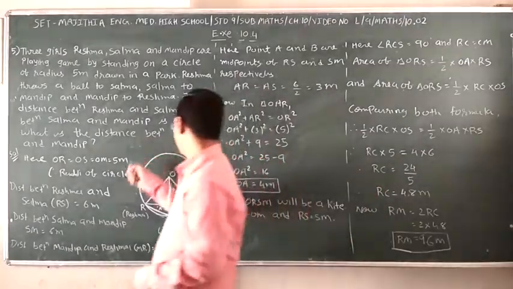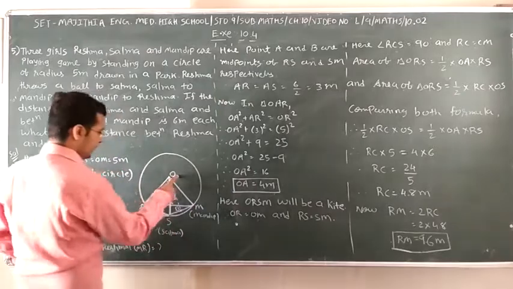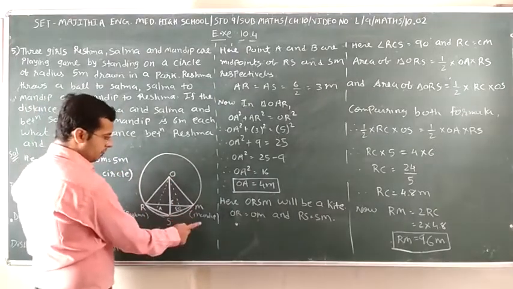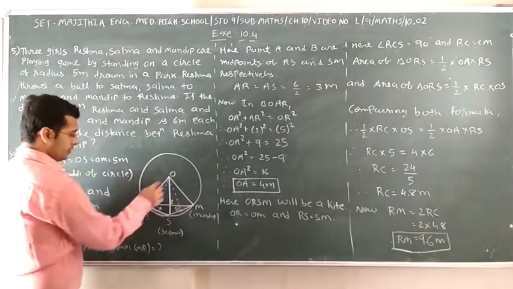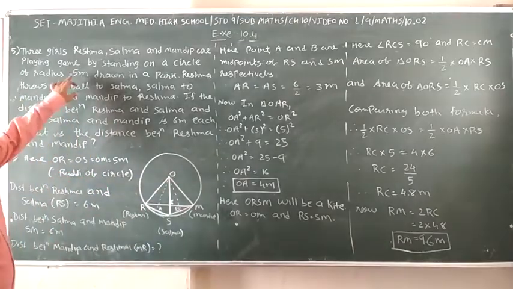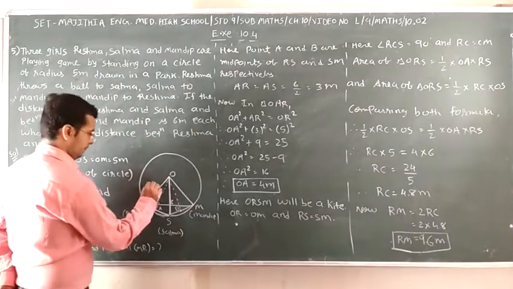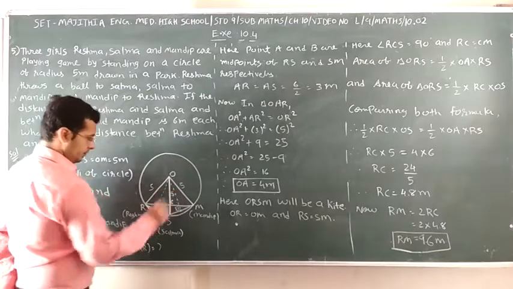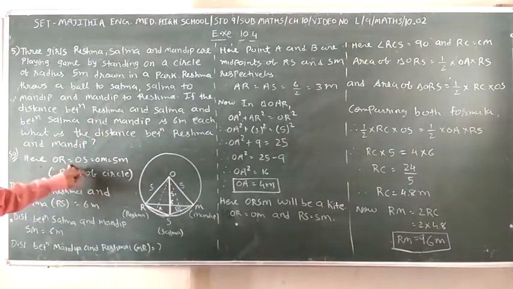So I just draw a circle with center O, with points R for Reshma, S for Salma, and M for Mandeep. It means OR, OS and OM are the radius, which is 5. We can write OR, OS, OM is equal to 5, the radius of the circle.